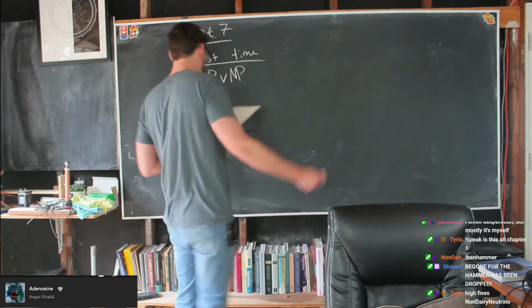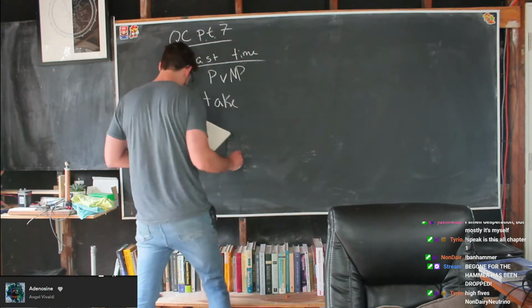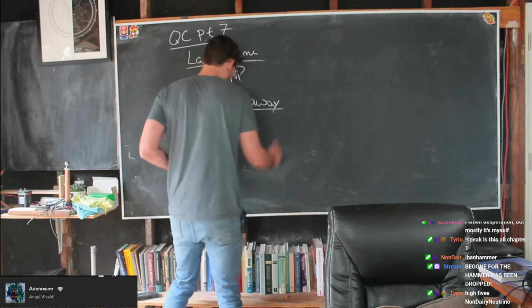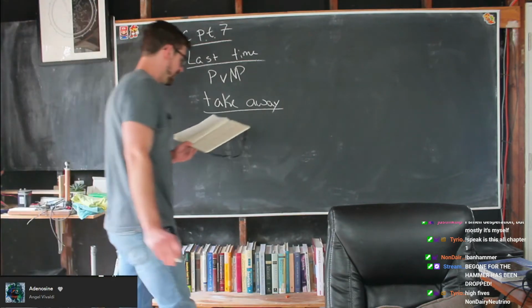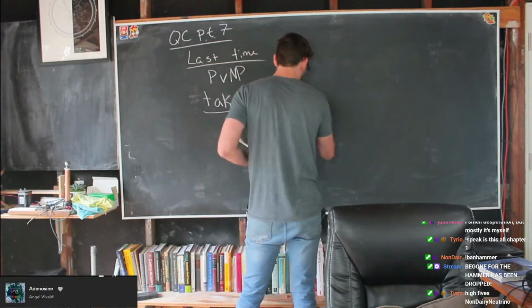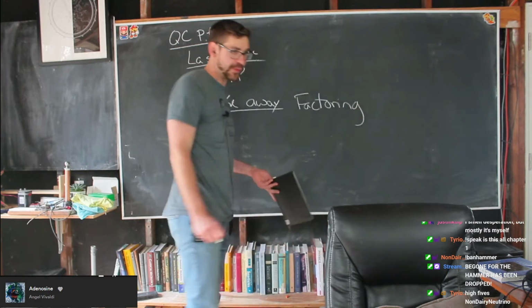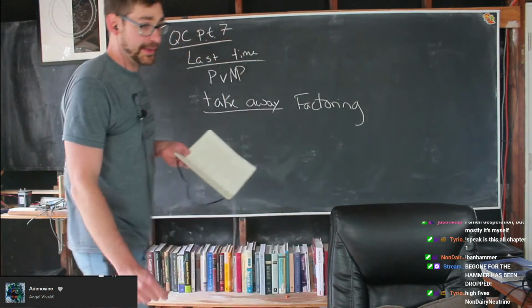There's just one takeaway that I wanted to talk to you about. That was everything that we've waited for with the complexity theory and why this stuff matters, and that was factoring. As many of you know, factoring is one of the main things that we want out of quantum computing because it seems to be really good at it.